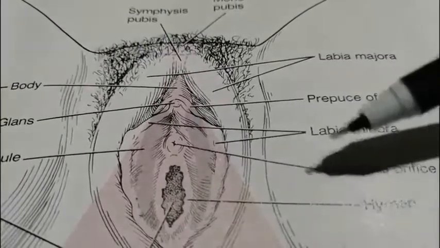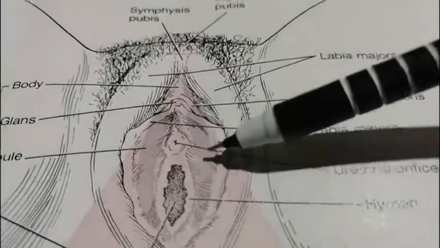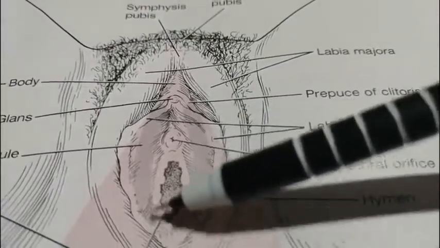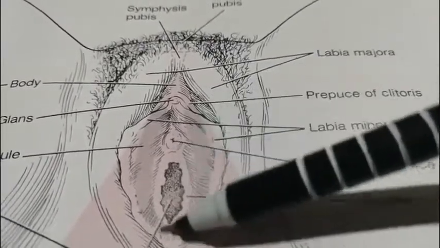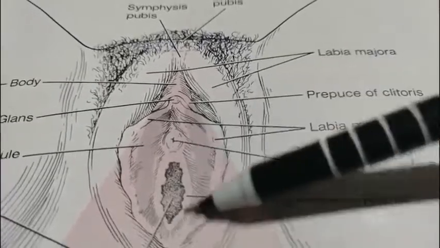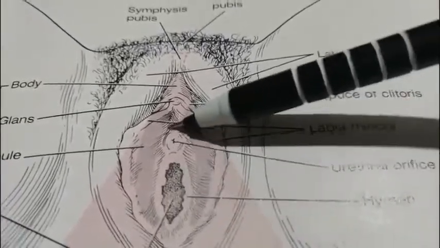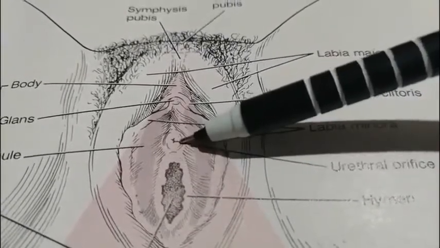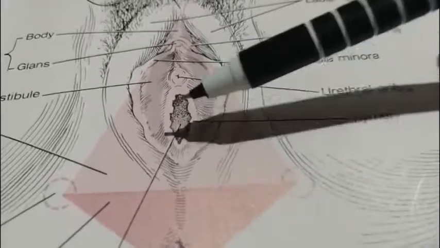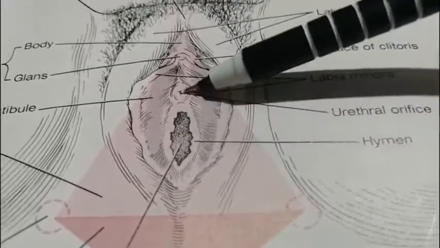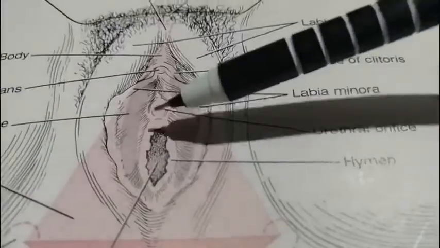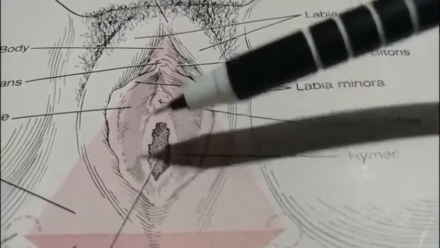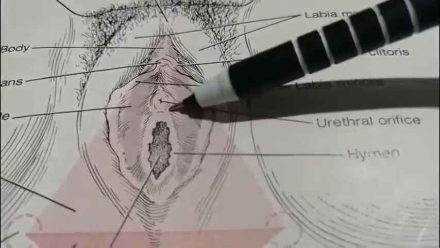Then the next layer is your labia minora. It is also a two-fold layer, and it basically surrounds an area which is called the vestibule. This entire structure is called the vestibule, and it has two openings. One is your urethral orifice and another is your vaginal orifice. Through the urethral orifice, urine comes out. So in females there are separate openings for the genital tract and the urinary tract.